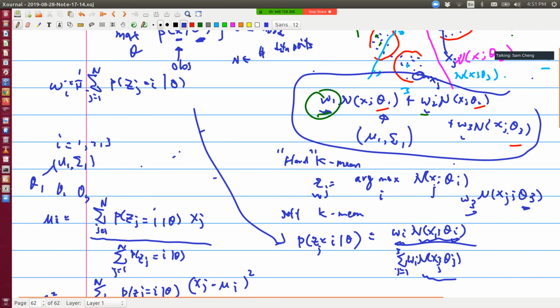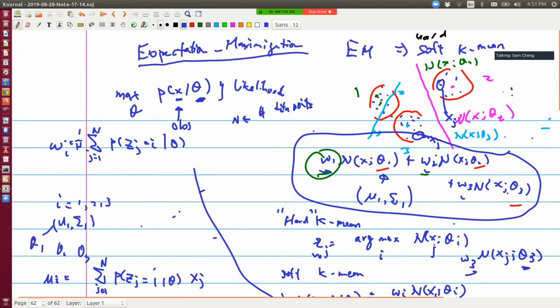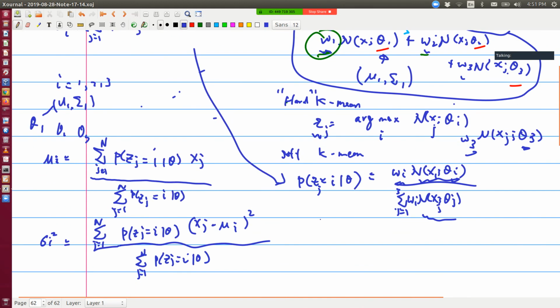After you finish, you essentially have the weights, the mixture model here. Actually, I always get mixed up about which is the M step and which is the E step. This part is the M step, and this is the E step.